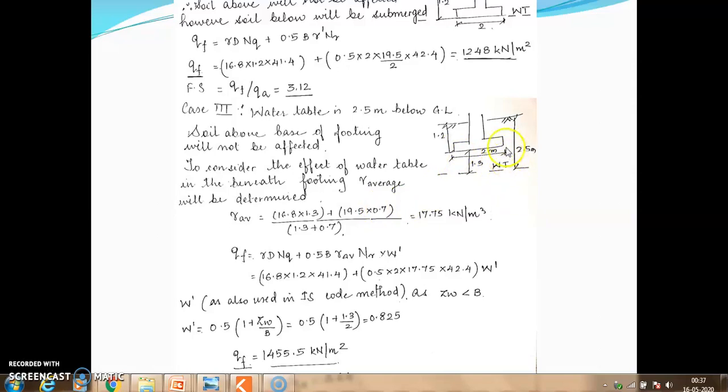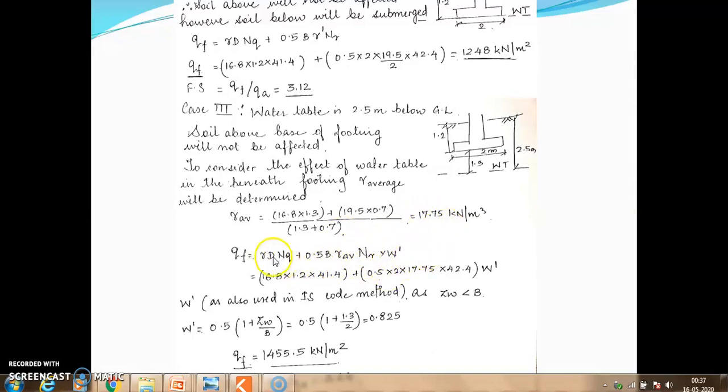So 2 minus 1.3, 0.7 will be submerged soil. We find the average unit weight using this particular equation. We get it as 17.75. Substitute it back. This is going to be substituted only for the last term.